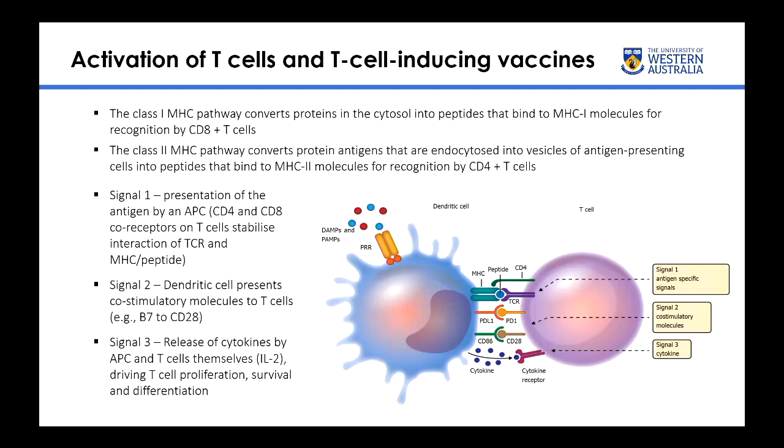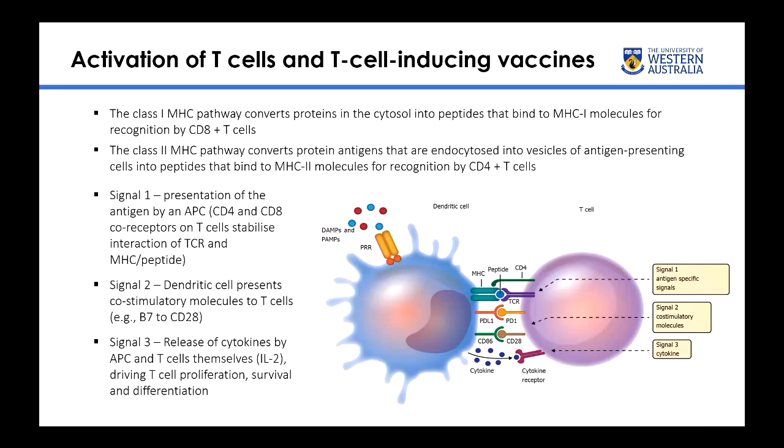And if, in this lecture series, you find something that you don't remember, just go back and look it up. But essentially, you need antigen-specific signals, so the peptide mounted on an MHC molecule presented to TCRs, then co-stimulatory signals, which include those activation signals, and then cytokines, which also include IL-2 being produced by the T cells themselves, and other cytokines which lead to differentiation.